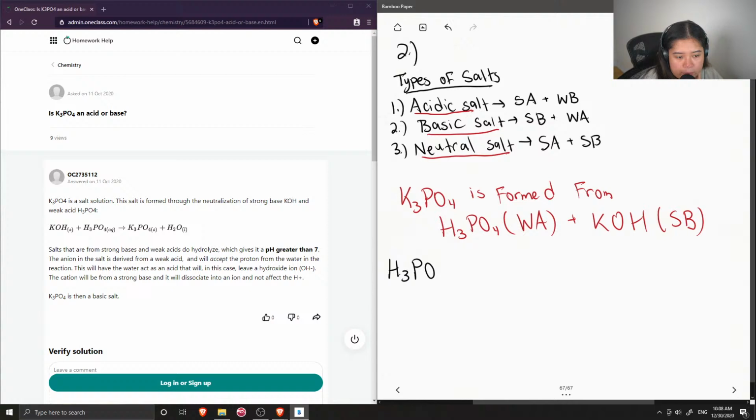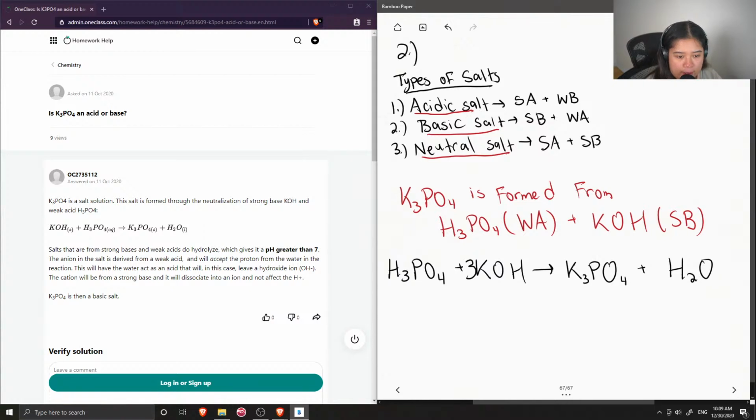We have our weak acid plus our strong base reacts to form K3PO4 plus water. Okay, so if we were to balance this equation, we'd need a 3 in front of the potassium hydroxide.